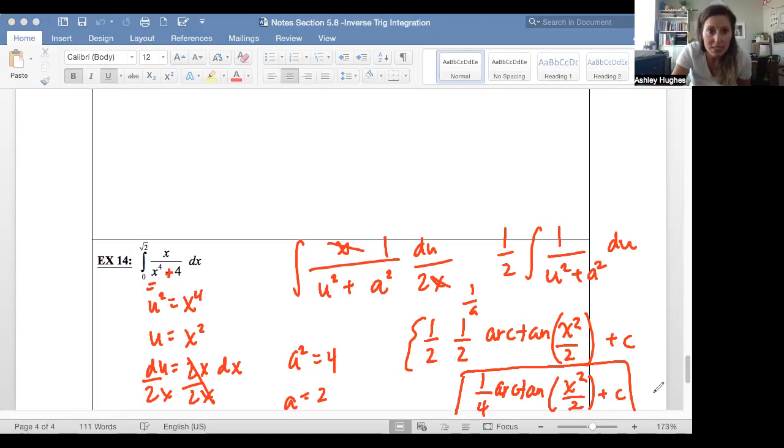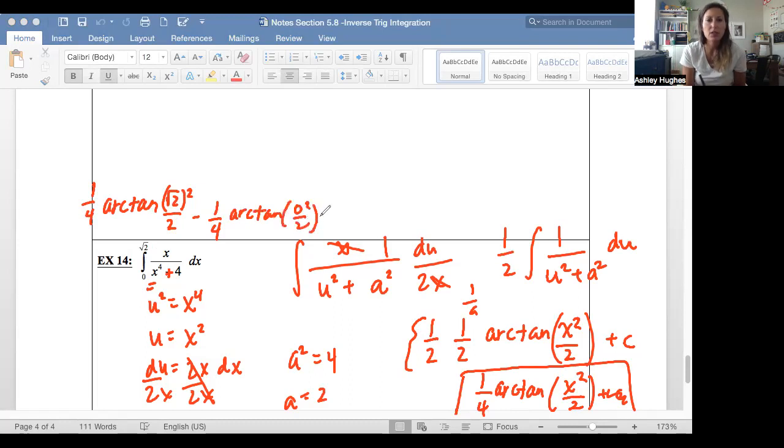Oh, whoops, not plus c. We're supposed to evaluate it. My bad. I've got to plug in the bounds. 1/4 arctan, plug in root 2 first, root 2 squared over 2, minus 1/4 arctan 0 squared over 2.